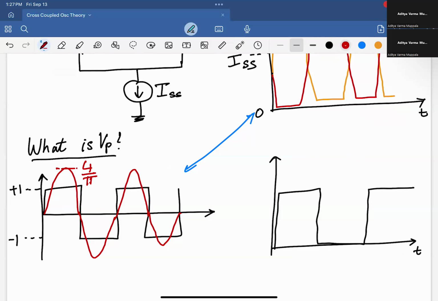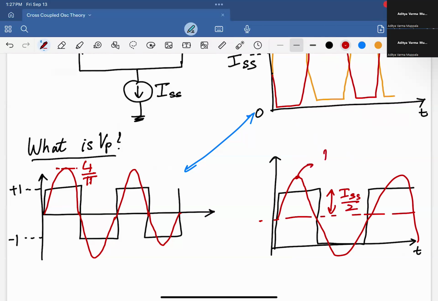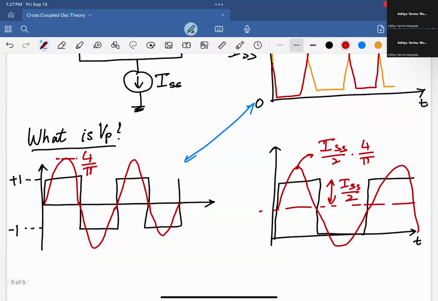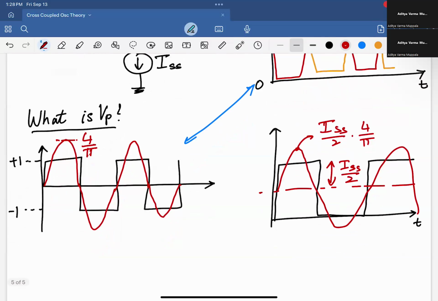So which means the fundamental component would be like this. And since this amplitude is ISS over 2, this amplitude would be ISS over 2 times 4/pi, right? So the fundamental component of the current has an amplitude of 2 ISS over pi, right?